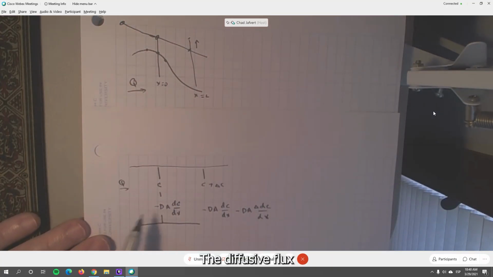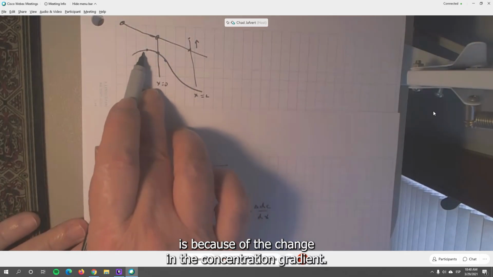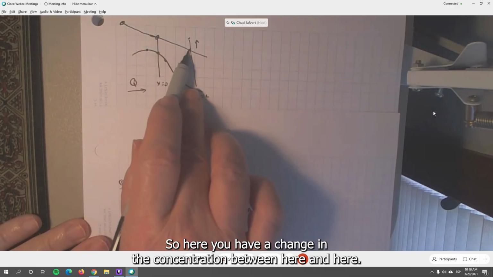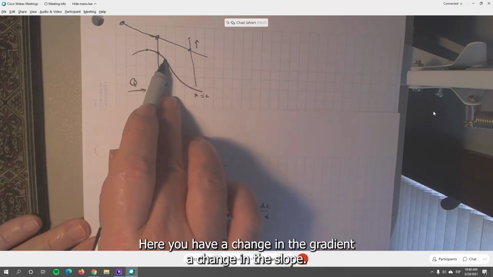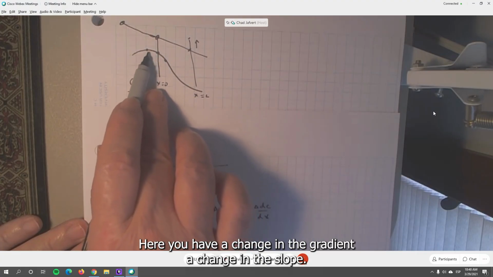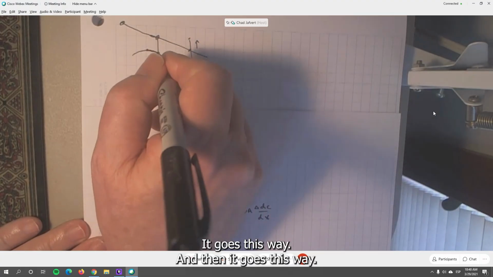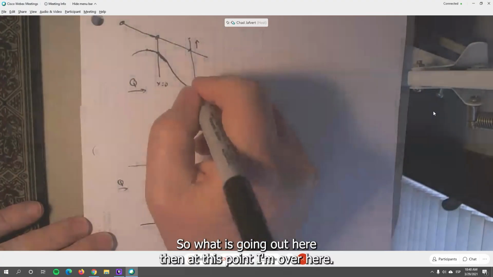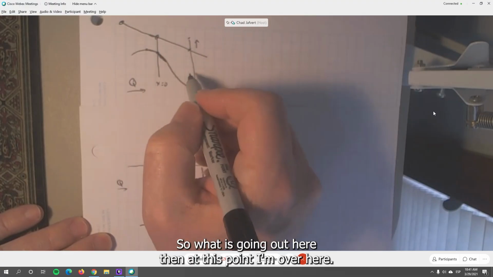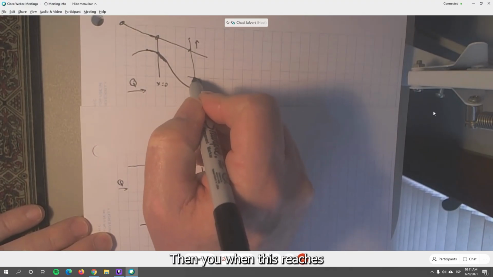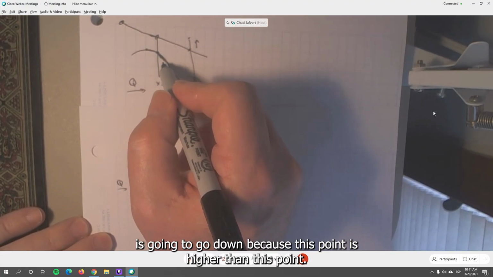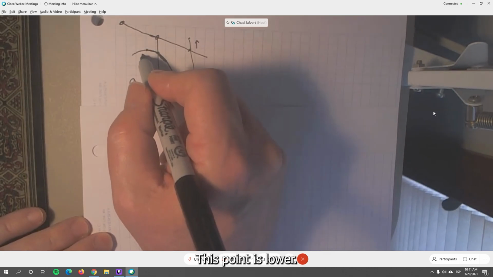The diffusive flux is because of the change in the concentration gradient. So here you have a change in the concentration between here and here. Here you have a change in the gradient, a change in the slope. It goes this way and then it goes this way, okay? So what is going out here then, at this point over here, when this reaches this, the concentration at the middle is going to go down because this point is higher and this point is lower.